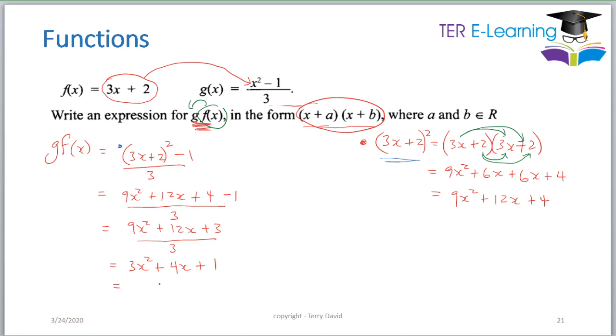If you attempt to factorize this quadratic, you're going to end up with 3x, x, 1, 1, and this should be plus, this should be plus, right? So 3x plus 1 by x plus 1. Yes, so Ricardo, you were correct, right?